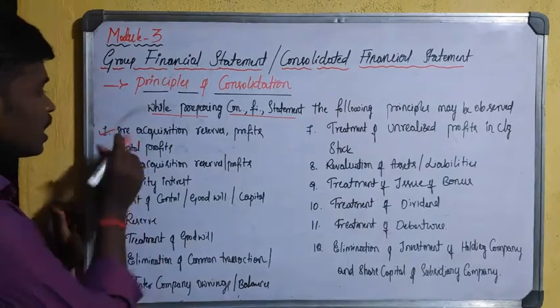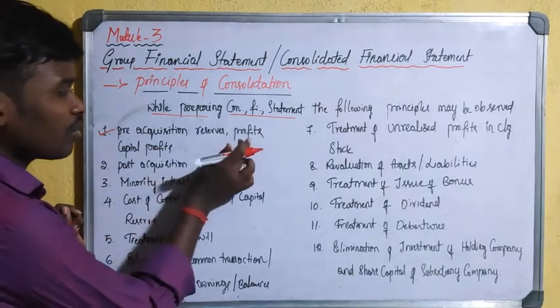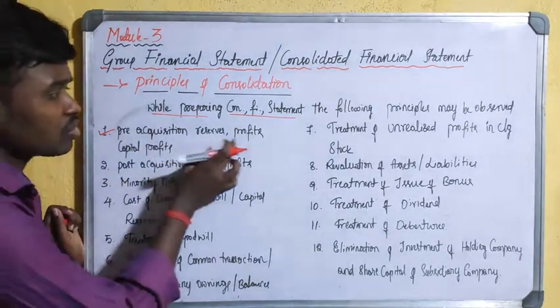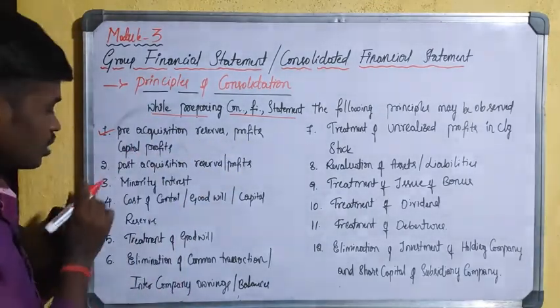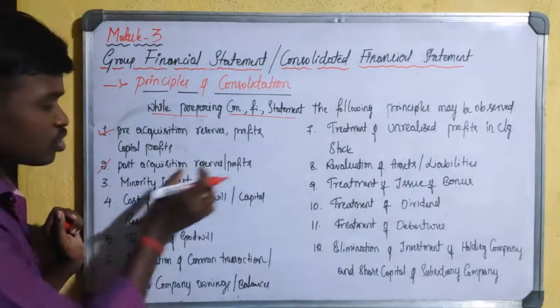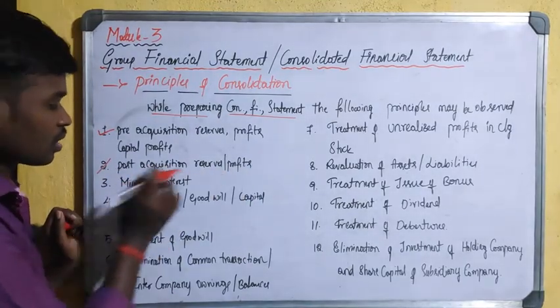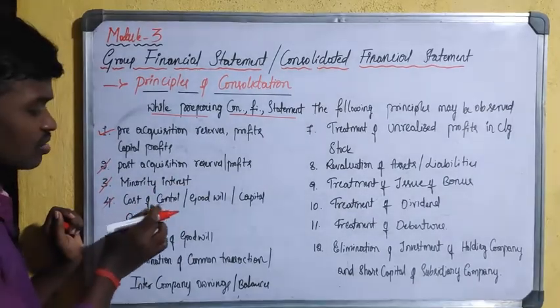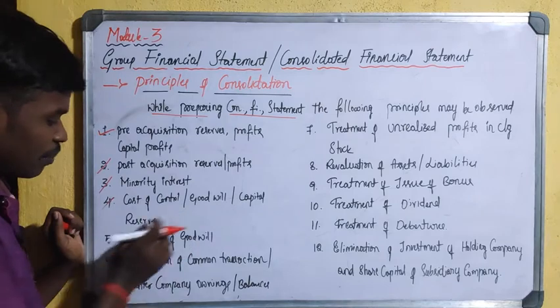So first one, pre-acquisition reserves, profits or capital profits. Second principle, post-acquisition reserves and profits. Third one, minority interest. Fourth one, cost of control or goodwill or capital reserve.